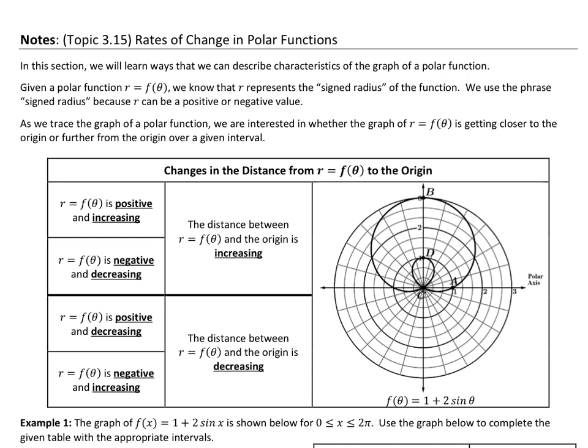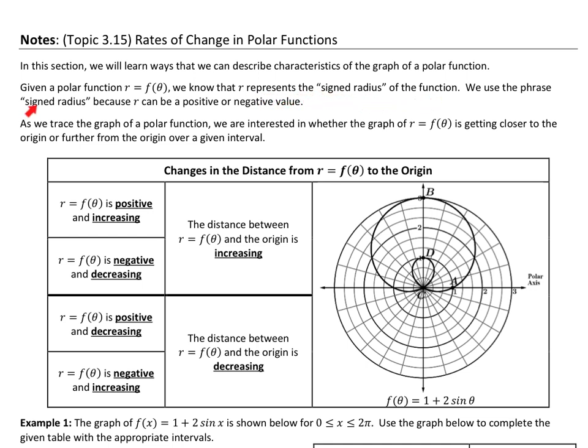Just like we studied with other functions, all functions can have an average rate of change. Now, it's not necessarily a slope because these aren't straight lines, but we can talk about the rate of change for polar functions. That's what we're going to describe in the graph. Given a polar function r equal to f of theta, we know that the radius r represents the signed radius of the function.